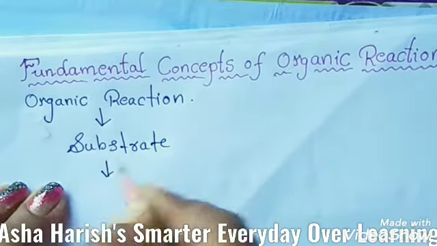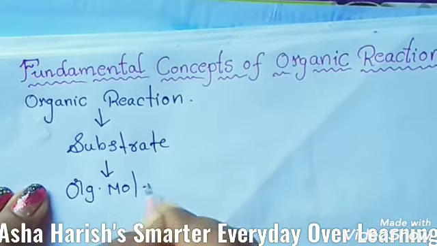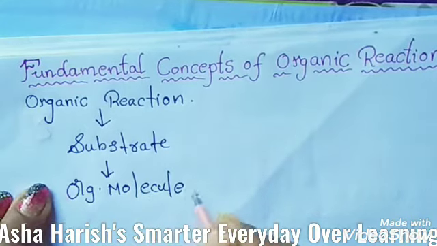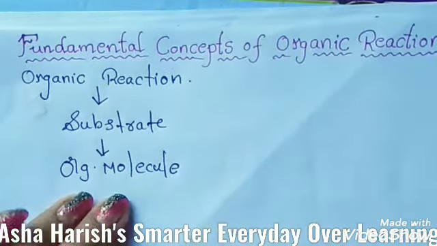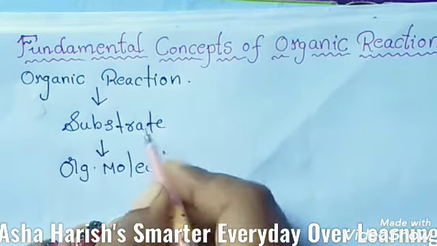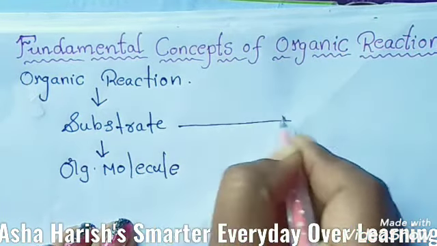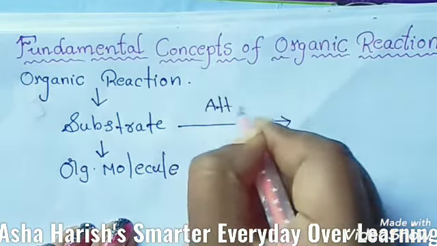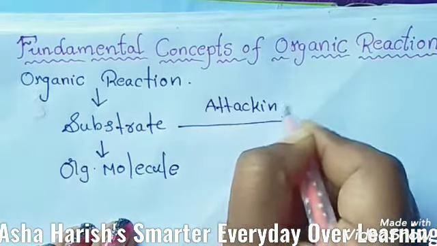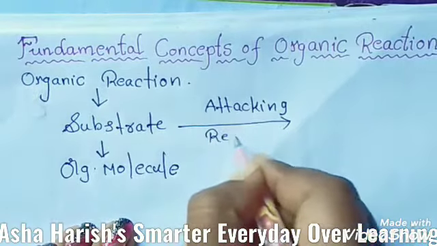This is nothing but the organic molecule which is going to be involved in the chemical reaction. The substrate reacts with a suitable attacking species, which is called a reagent.